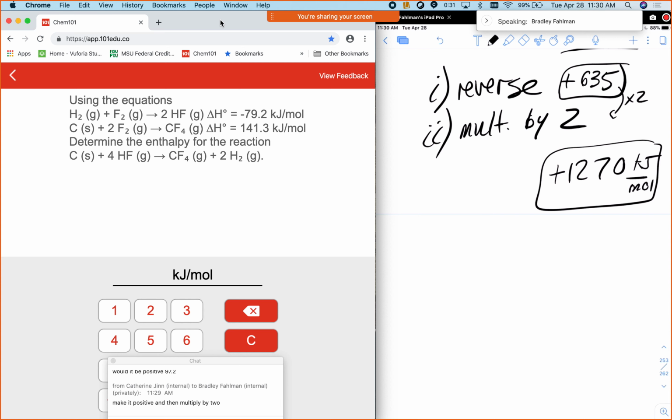So what do you think here? Now you're given 2 equations and you want to know the overall for it. Kind of tricky, isn't it?